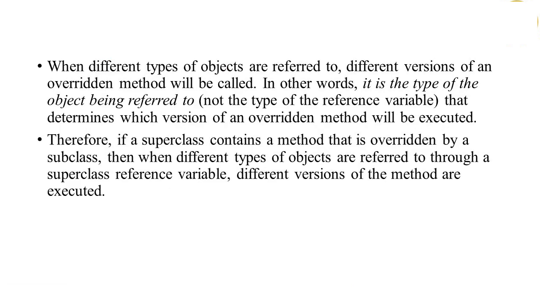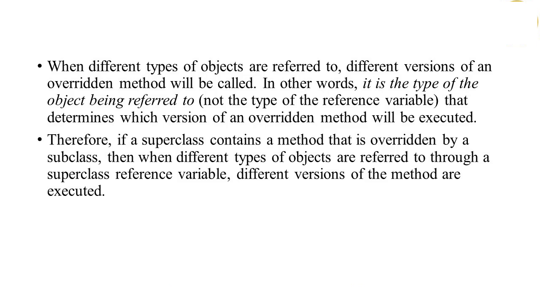When different types of objects are referred to, different versions of an overridden method are called. In other words, it is the type of object being referred to that determines which version of an overridden method will be executed. Therefore, if a superclass contains a method that is overridden by a subclass, then when different types of objects are referred to through a superclass reference variable, different versions of the method are executed. You have an example to go with.